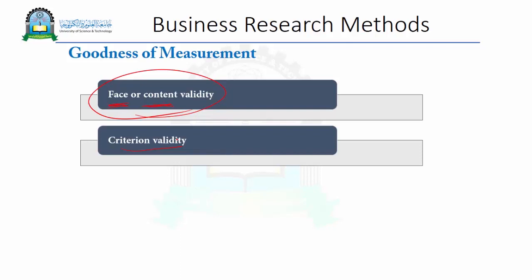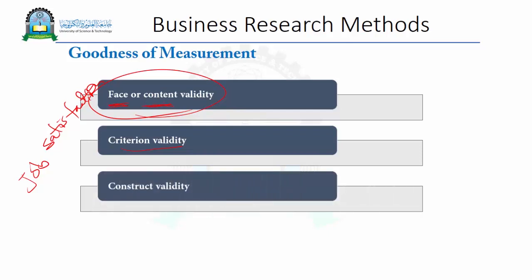If not, it is not valid. For example, job satisfaction. If I develop a questionnaire for job satisfaction, I must conduct it alongside a ready-made, published questionnaire, and then find out whether there is a correlation between them or not.